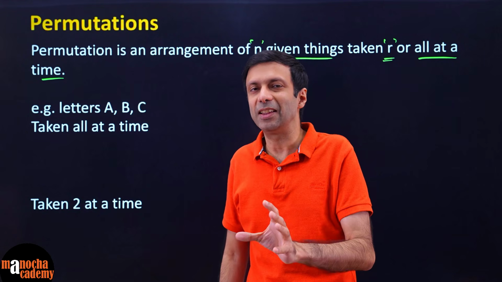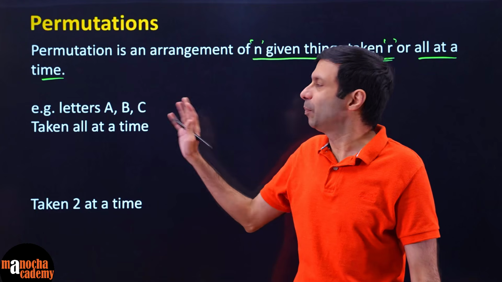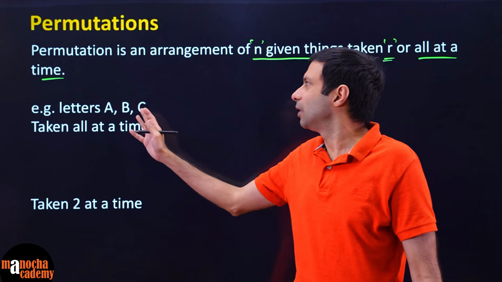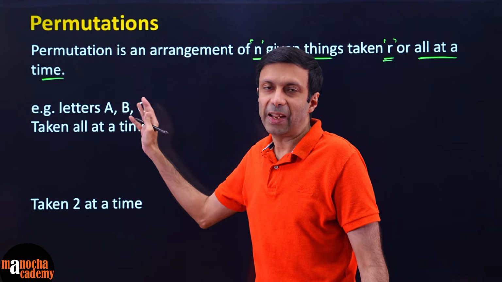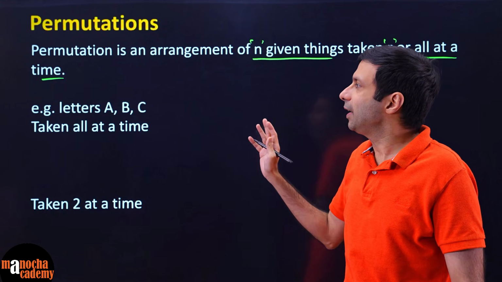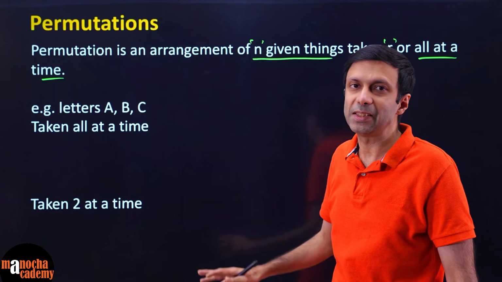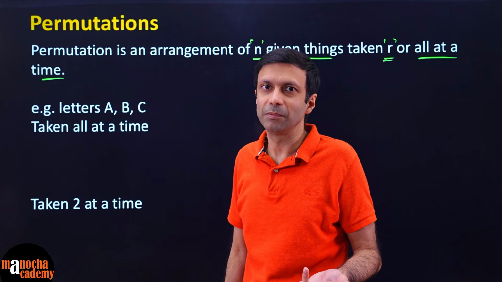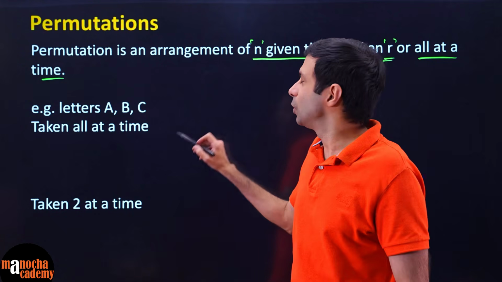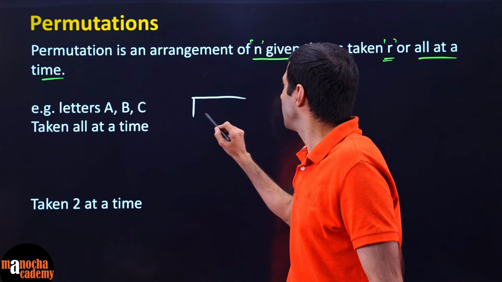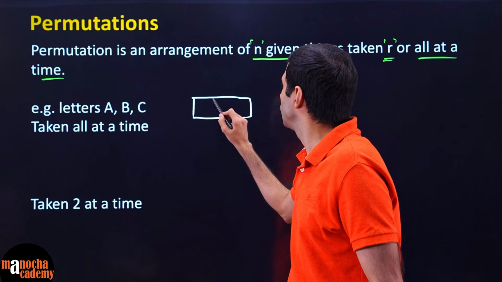So let's understand this general case with a simple example. Let's say we have taken 3 letters, A, B and C. Now if I take all these letters together at a time, all of them A, B and C, how many such permutations can I make? That should be simple, because if you consider our box method, we basically have to fill up 3 boxes.